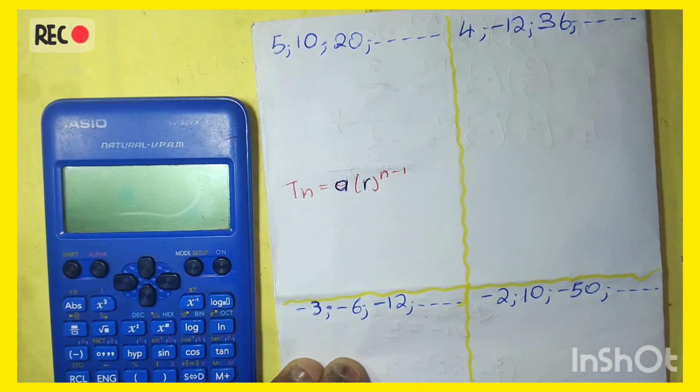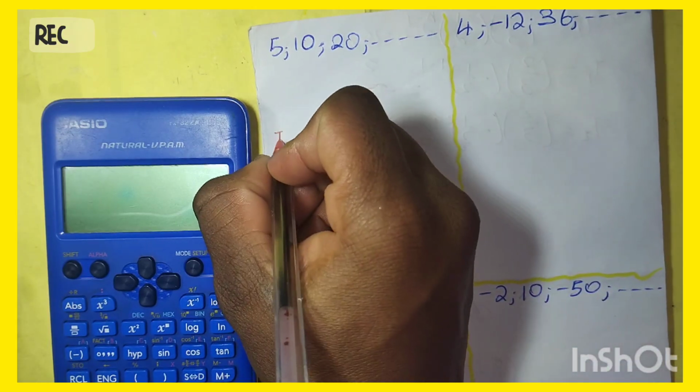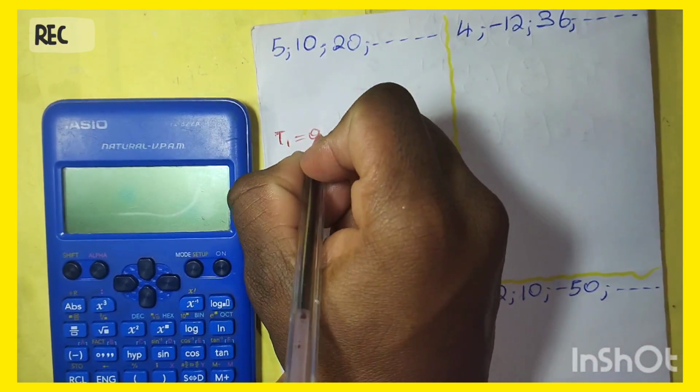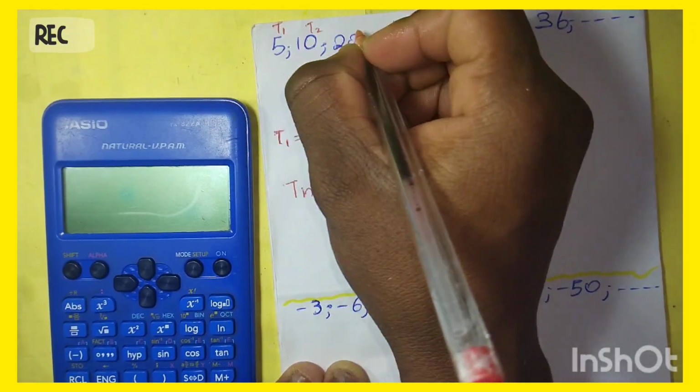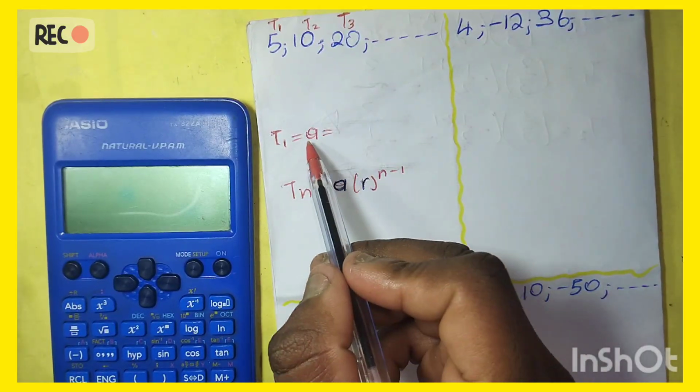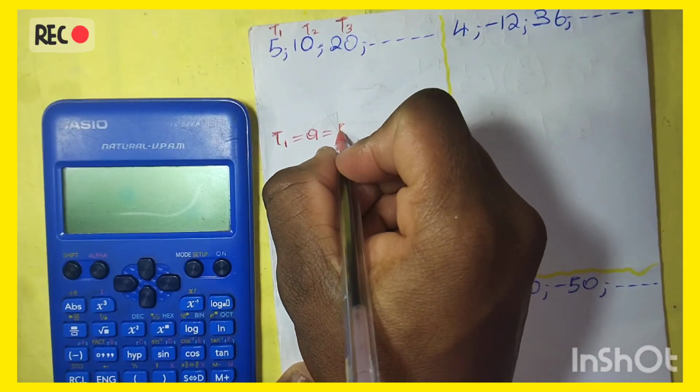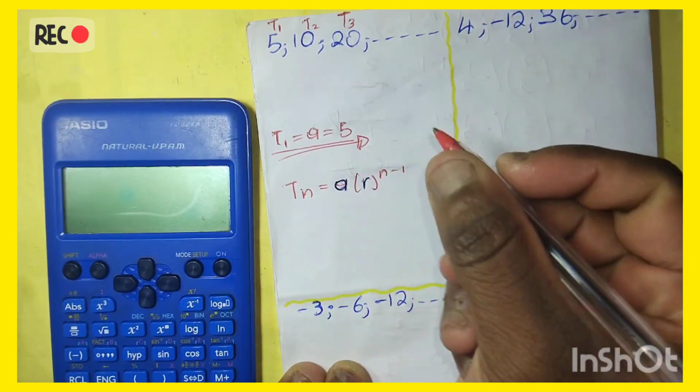The value for a is easy to get because the first term represents the value for a. Our first term here is 5, then the second term, third term. So a is 5.